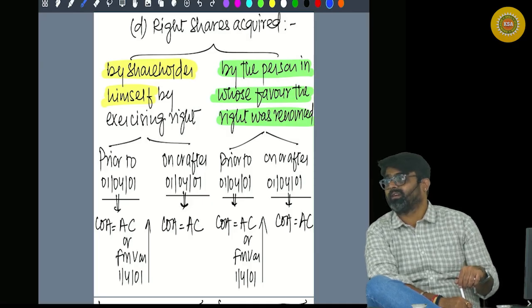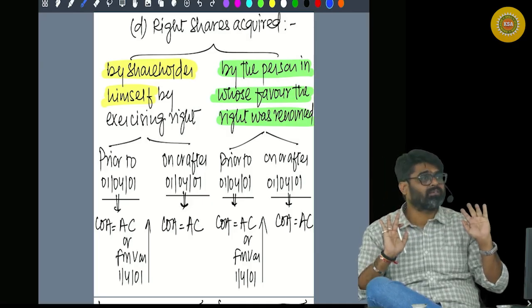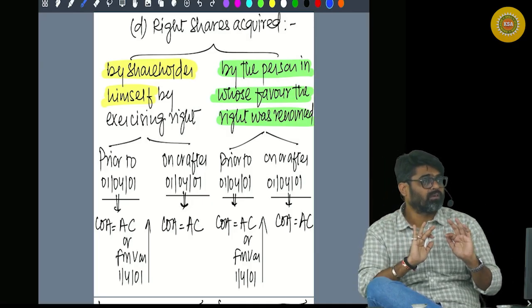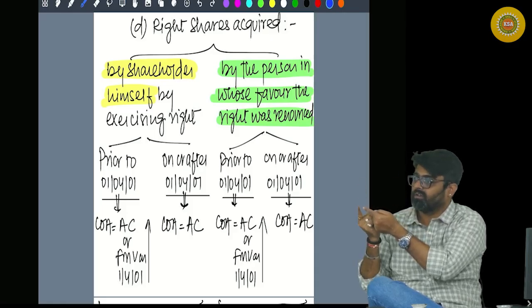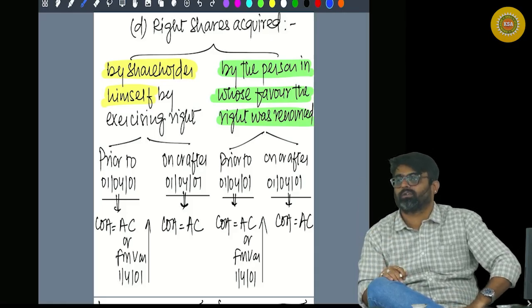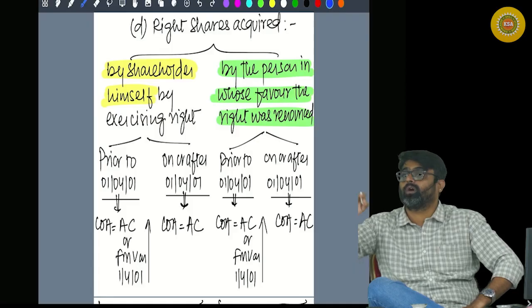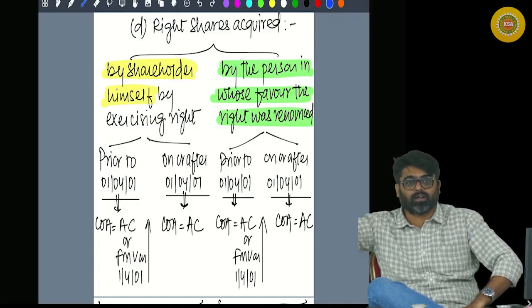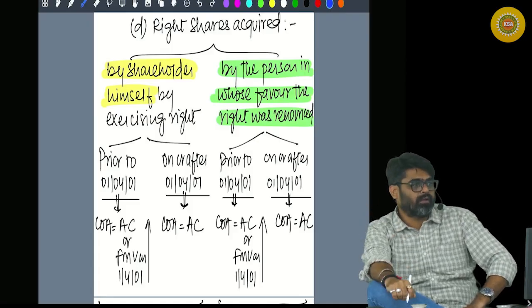Sir, the period of holding was more than 12 months, we know the cost also. Don't index that cost, because the date of transfer was on or after 23rd July.